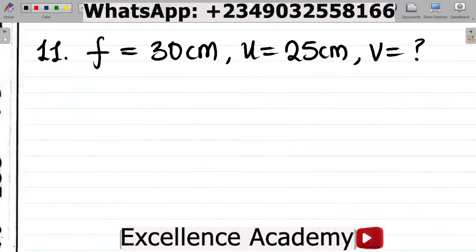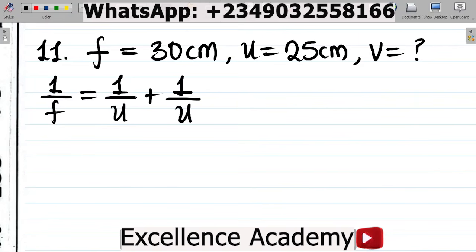Now, to solve this, obviously, we have to use the mirror formula. So we have that the inverse of the focal length is equal to 1 over U plus 1 over V. This is called the mirror formula.